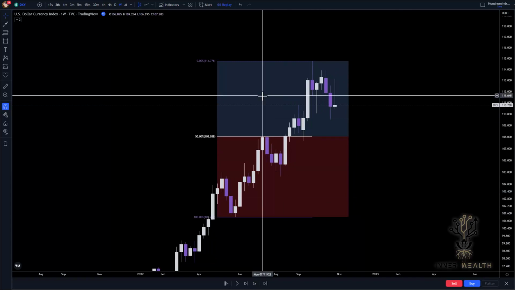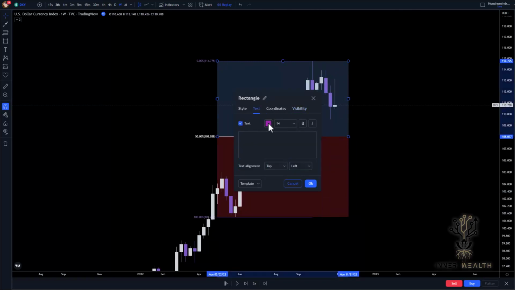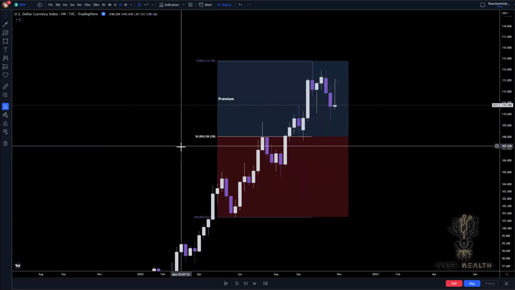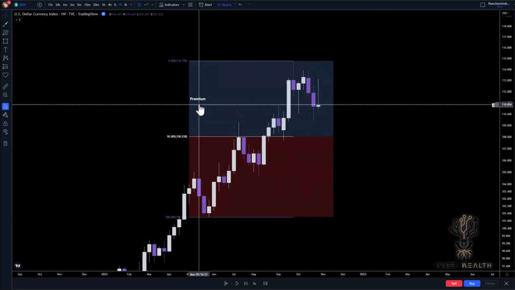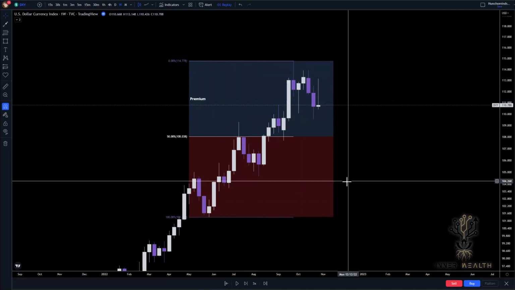So we'll call this right here premium, and make it bold and nice and big for you guys to see. We'll put that on the inside, on that left hand side. That's our premium price action on this bullish monthly range.